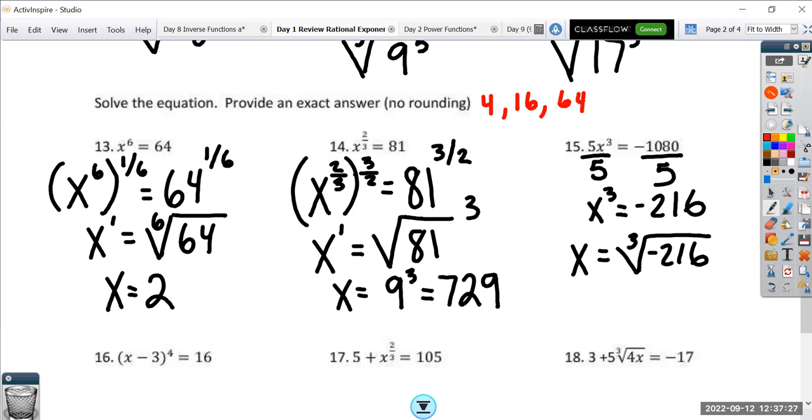So I know that it's not going to be a 4. Let's try 6. 6 squared is 36, and 6 cubed is 216. So my final answer is x equals negative 6.